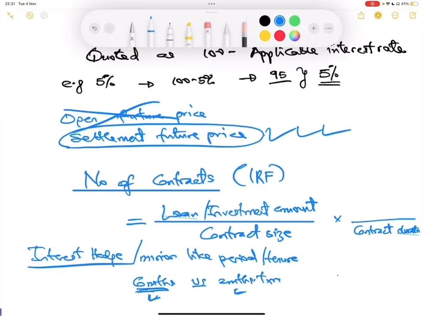Just the same way you will say, if you are trying to convert 3 months to years, first of all divide by 12, then multiply by 3. That is exactly the similar thing that I'm saying here. So you will need to multiply by the transaction, which is your loan or your deposit tenure.